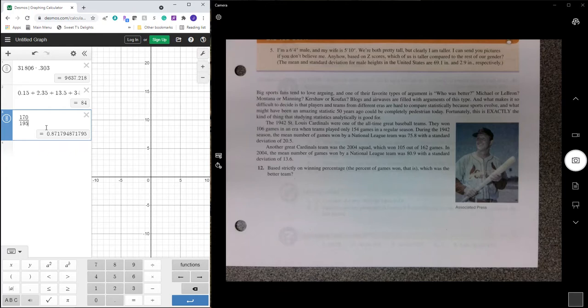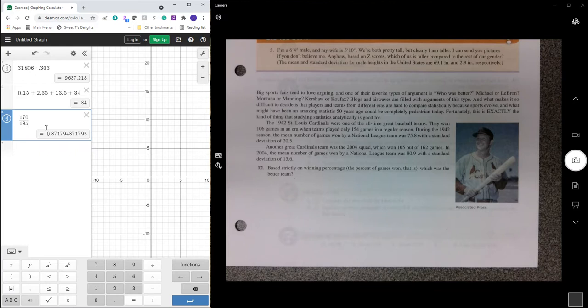What makes it so difficult to decide is that players and teams from different eras are hard to compare statistically because sports evolve. What might have been an amazing statistic 50 years ago could be completely pedestrian today. Fortunately, this is exactly the kind of thing that studying statistics analytically is good for.